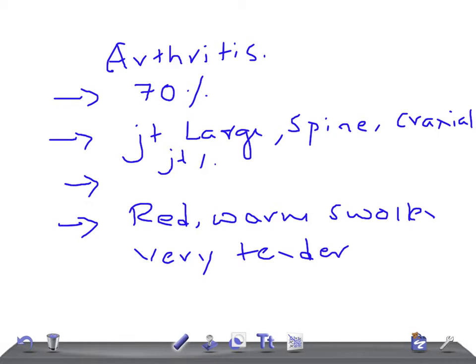That's why there will be lack of mobility at that joint. Remember, this arthritis of rheumatic fever responds very well to aspirin therapy. Right, so these are important. The most common manifestation of rheumatic fever is arthritis, remember.